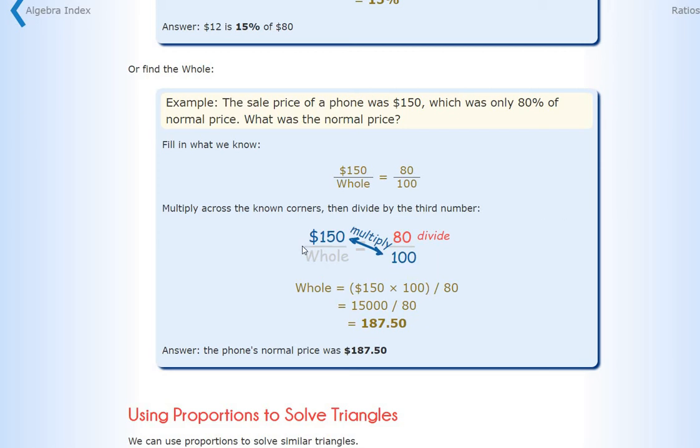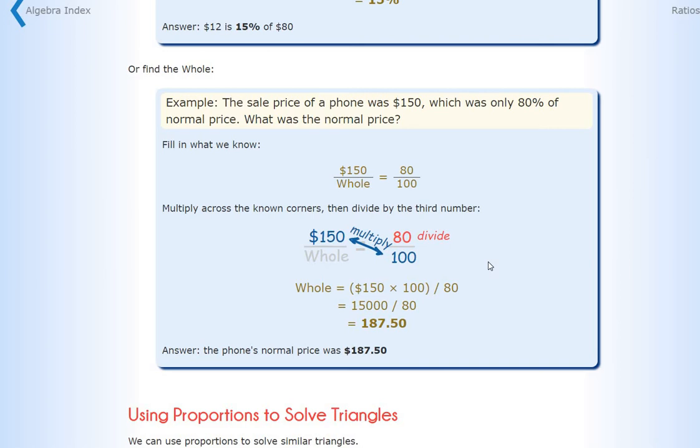So you multiply 150 and 100 divided by 80, right? So what's the whole? 187.50. Okay, great.